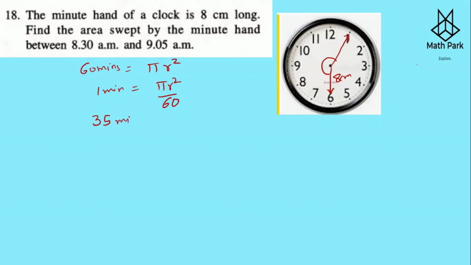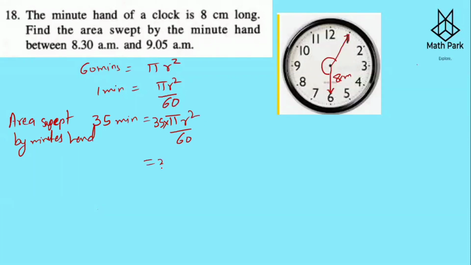So the area swept by the minute hand in 35 minutes is equal to 35 times pi r square upon 60.